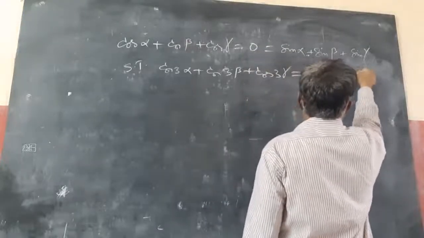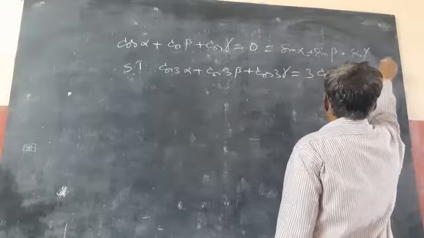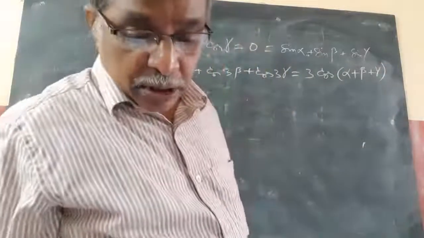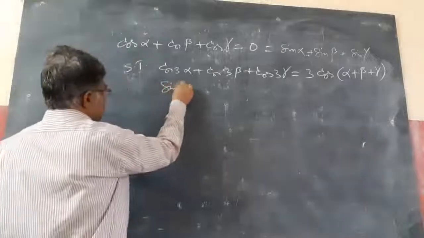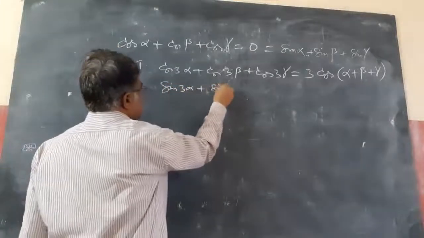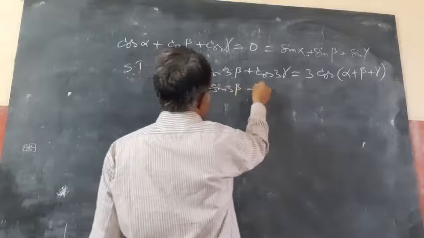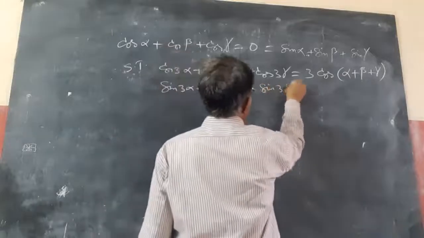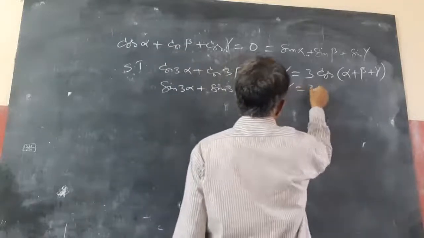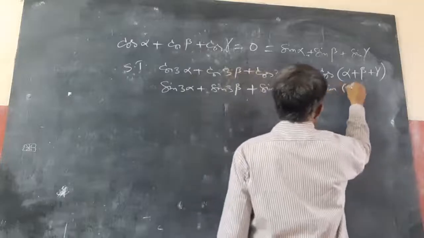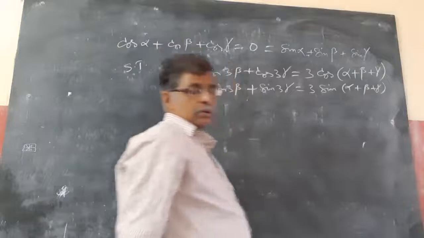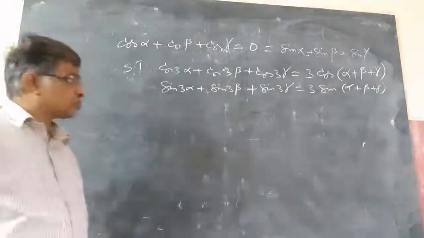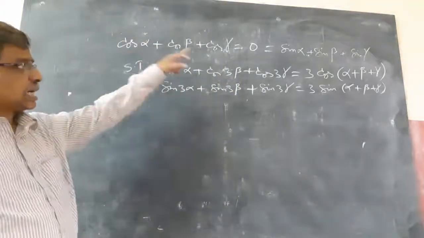Similarly, it is asking to prove sin 3 alpha plus sin 3 beta plus sin 3 gamma equal to 3 into sin of alpha plus beta plus gamma. Simple sir, it is asking cos plus sin.